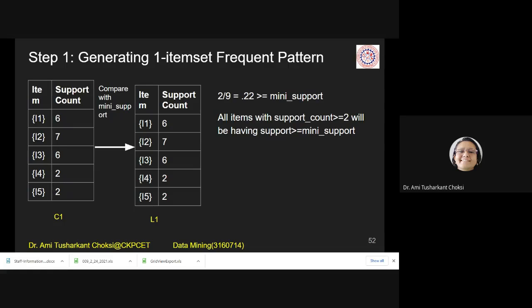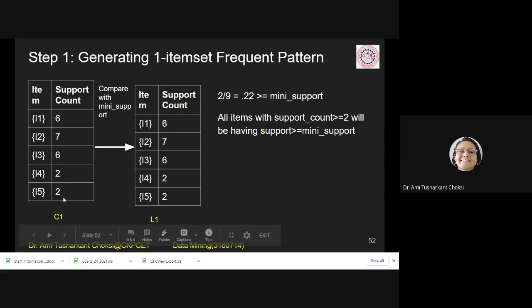So we should check the support count of each. This is 6, greater than minimum support. 7, greater than minimum support. 6, greater than minimum support. 2, not greater than, but equal to the minimum support. This also is equal to the minimum support, right?